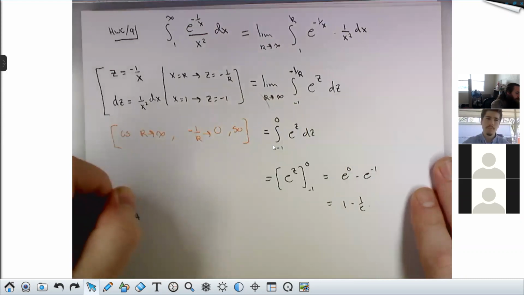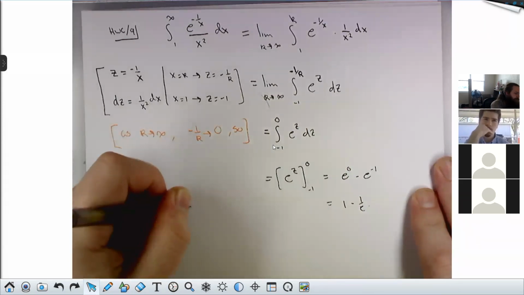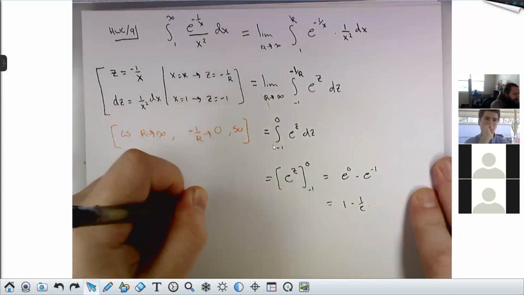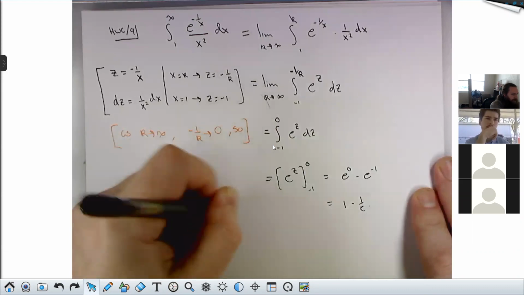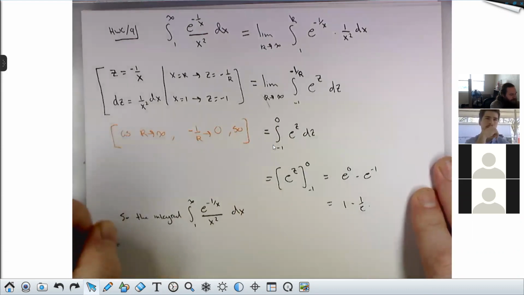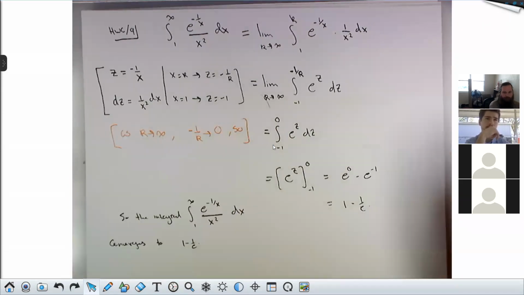So the integral from 1 to infinity of e to the negative 1 over x divided by x squared dx converges to 1 minus 1 over e. These are very cool.